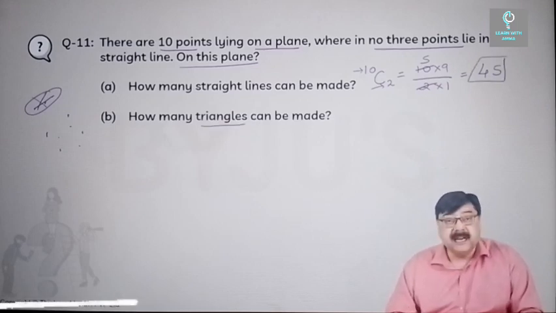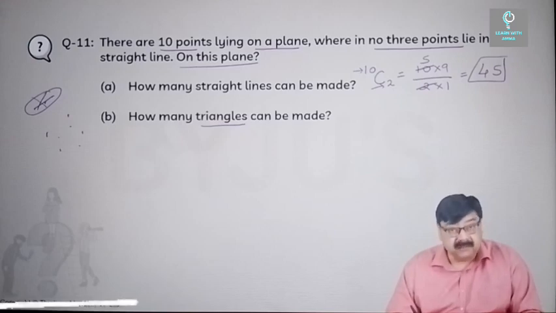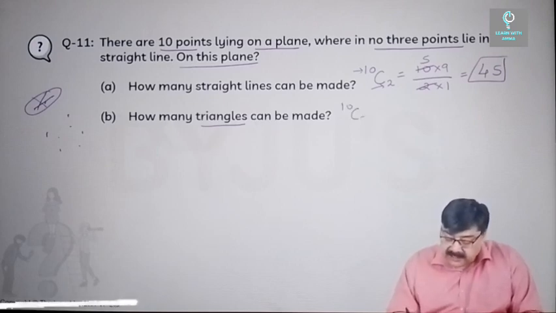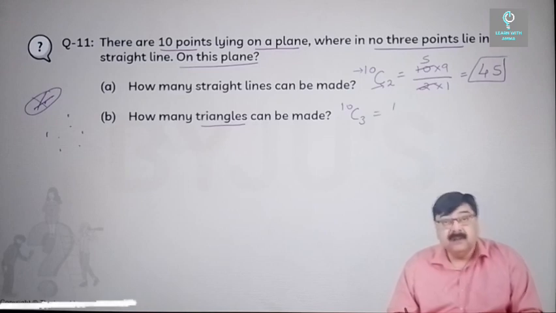But how many triangles can be made? Well, a triangle requires 3 points. And since in this question it is already mentioned that no 3 points lie in a straight line, we require 10C3, that is 10 factorial by 3 factorial into 7 factorial. Wherein we will open N R number of times.